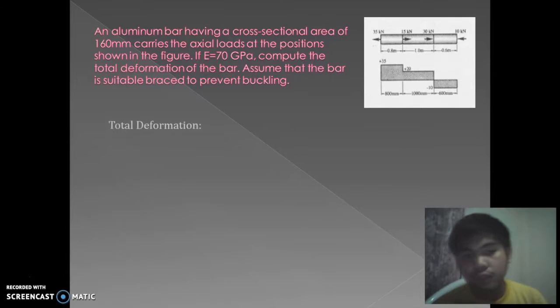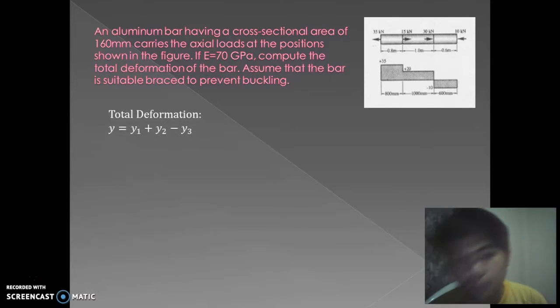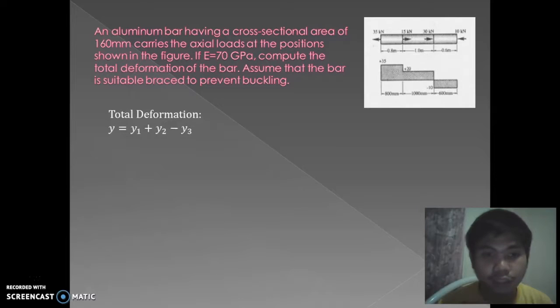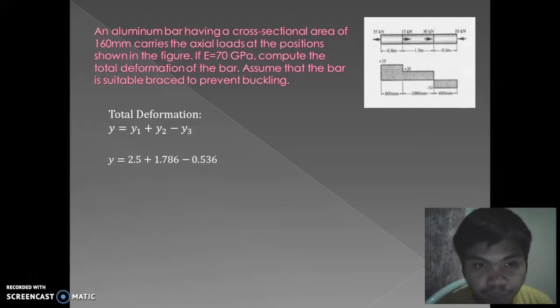So the total deformation of the bar is the addition of all the deformations, with y3 subtracted because it's compression, while the other two are tension. So y, the total deformation, is equal to 2.5 millimeters plus 1.786 millimeters minus 0.536 millimeters.